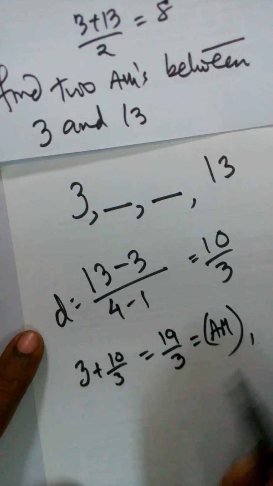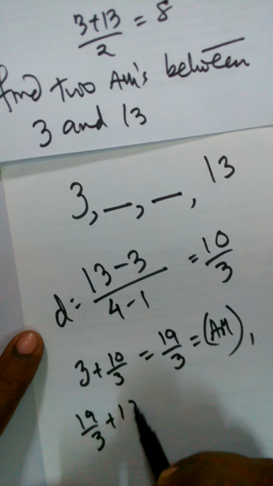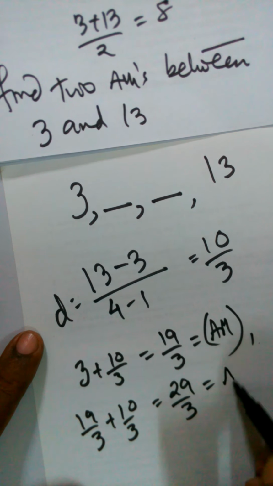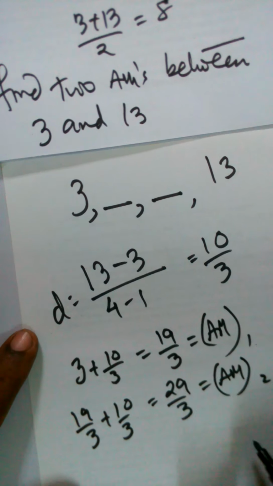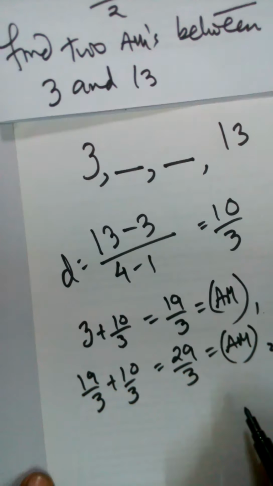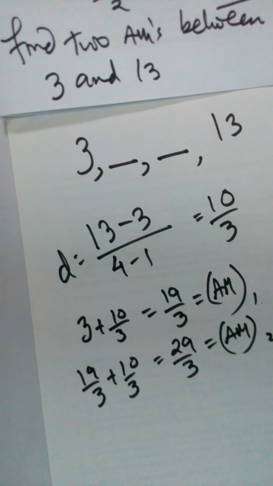And the second, or the last arithmetic mean in this case, is 19 by 3 plus 10 by 3, which is 29 by 3. So to get the arithmetic means, what do you need? The difference D. If you can find D, then you can find the respective arithmetic means from the given two numbers.